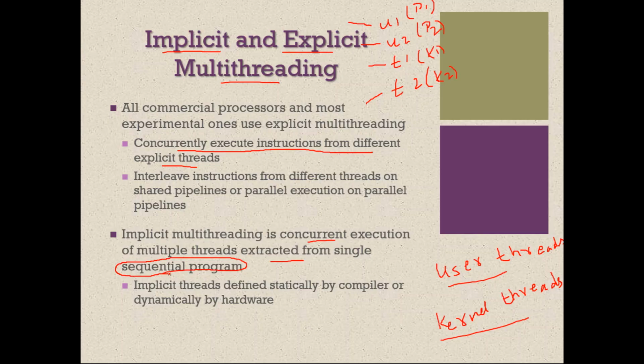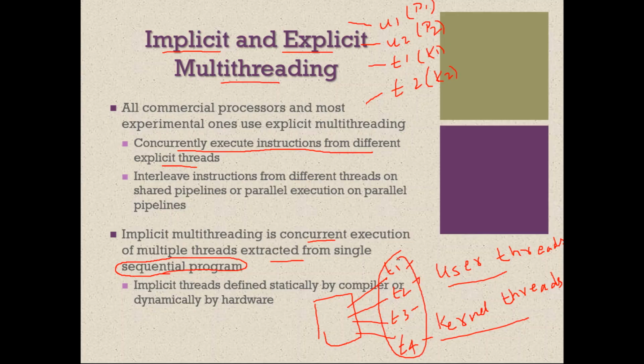It means there is actually only one program, and in this program there are different threads, like T1, T2, T3 and T4. Now the processor is executing T1 for some time, T2 for some time, T3 for some time, and T4 for some time. So this type of multi-threading is called implicit multi-threading.